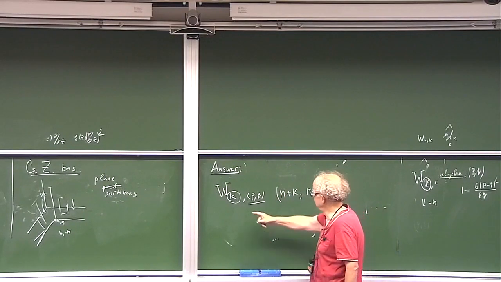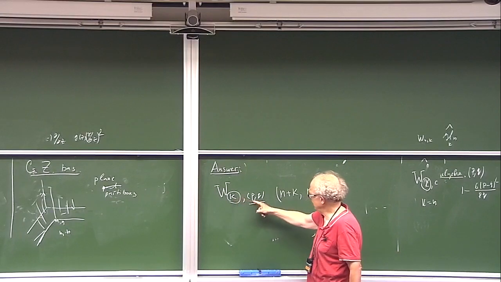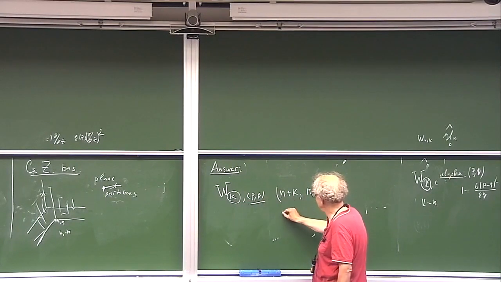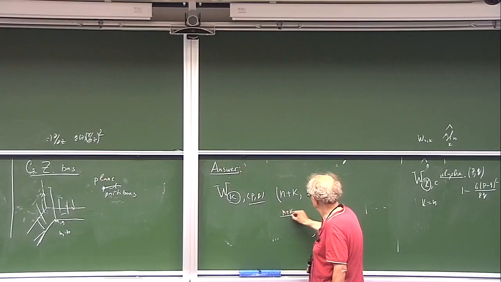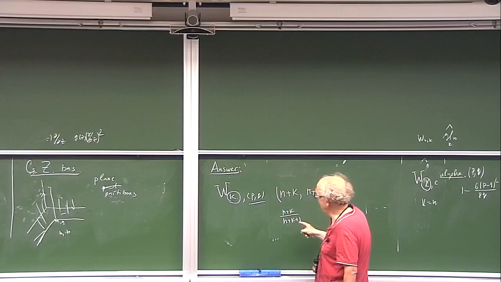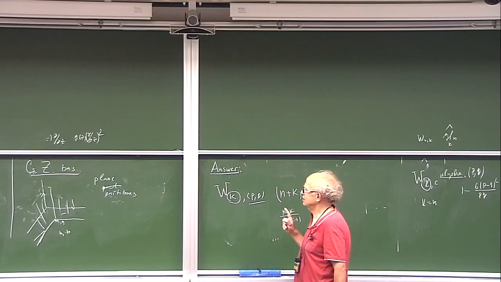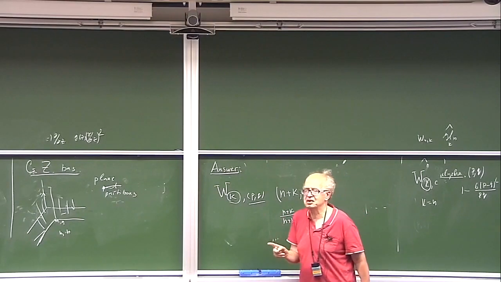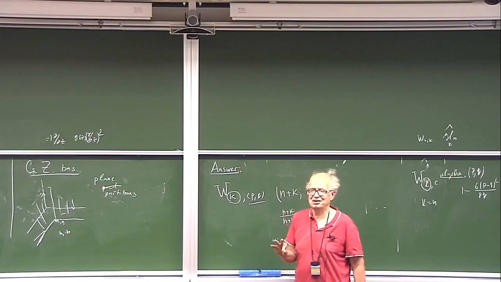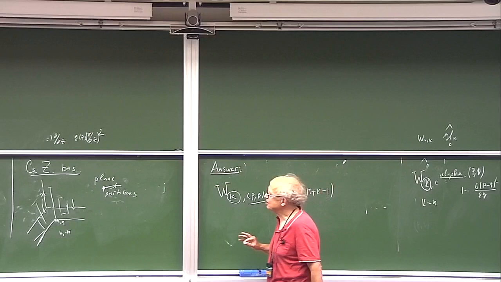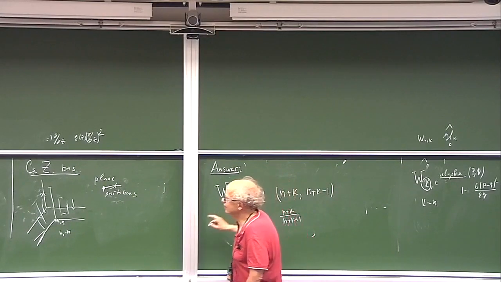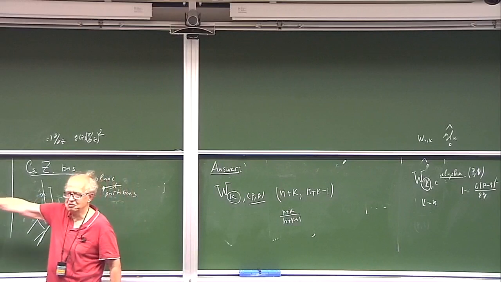So the essential thing is not P, Q, but the ratio, n plus K over n plus K plus 1. So now I'm saying that we get the same W-algebra, but with some strange playing with the parameters. What was before n is now K. It is not this n at all.